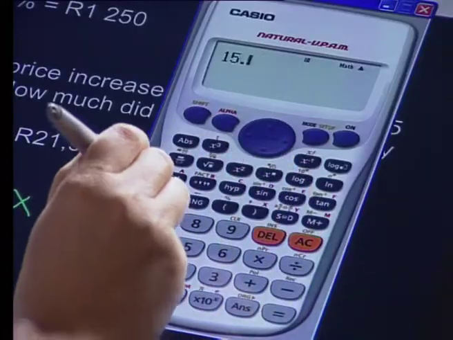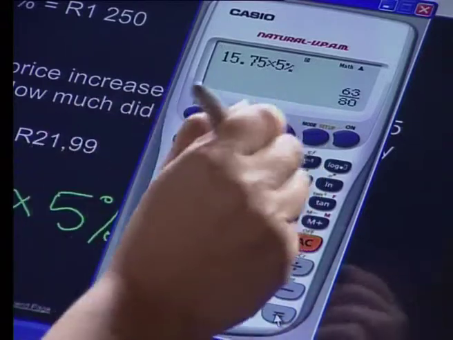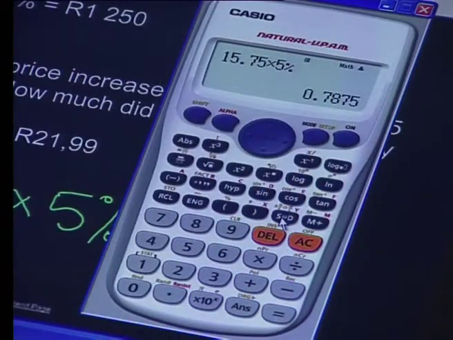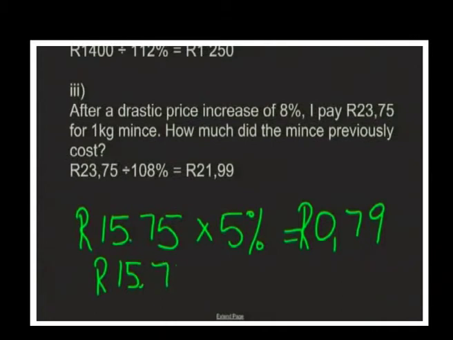So it's 15 Rand 75 times by 5%, and you're going to see that it was 0.79. Okay, so let's go back to there. It is 0.79. And then your instinct is going to be to take my 15 Rand 75 and minus 0.79.